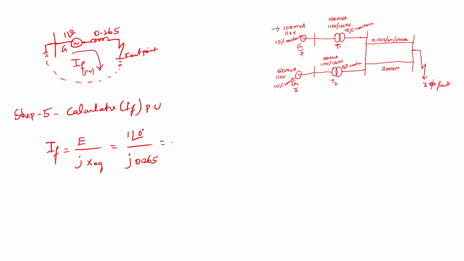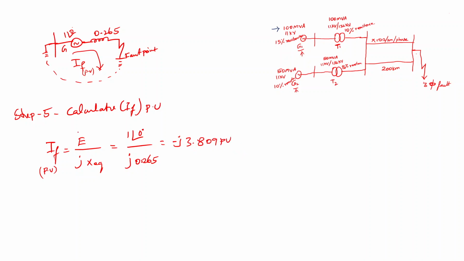So what is the total value of IF per unit? Tell me. 3.7. Okay, so 1 by J, what is 1 by J? 1 by J is minus J, so I will take minus J 3.809 per unit.